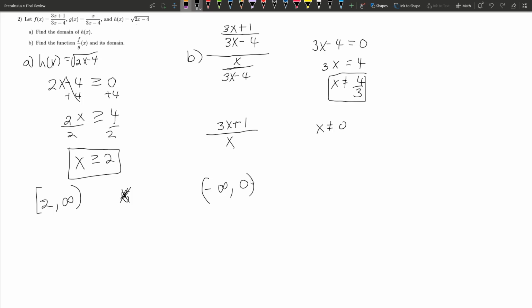That's why we put that parenthesis. Union, so you're starting off at 0 again. So all this means is it cannot equal 0. All the way to 4 over 3, right? It cannot equal 4 over 3. And then all the way to positive infinity. All right, so that's how we write that in interval notation.